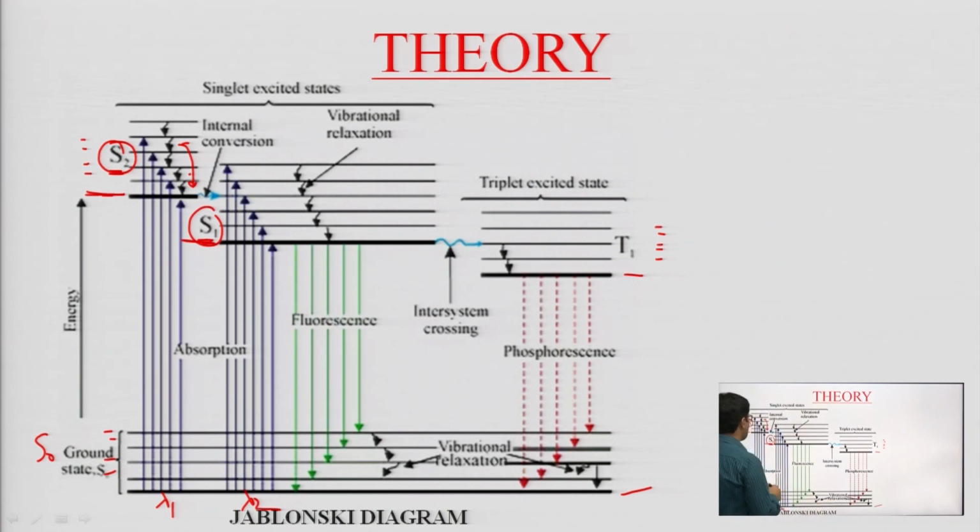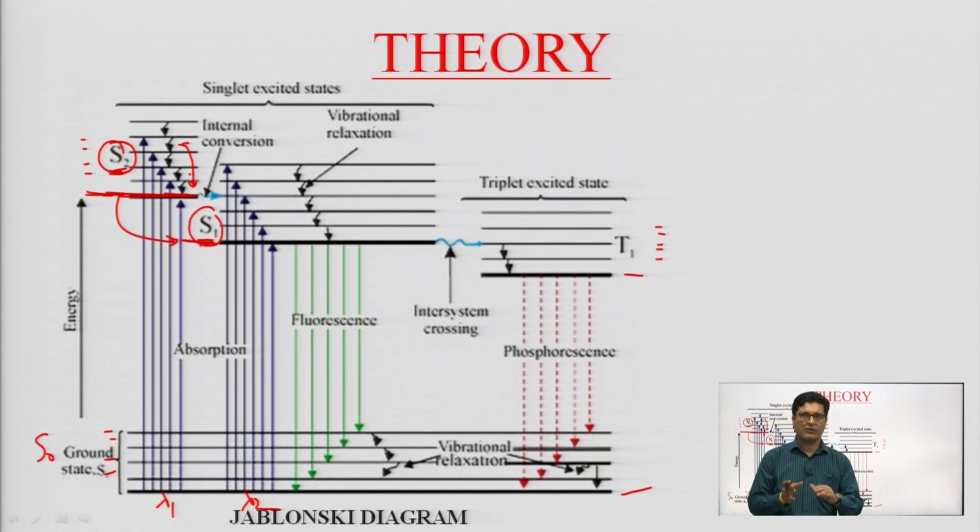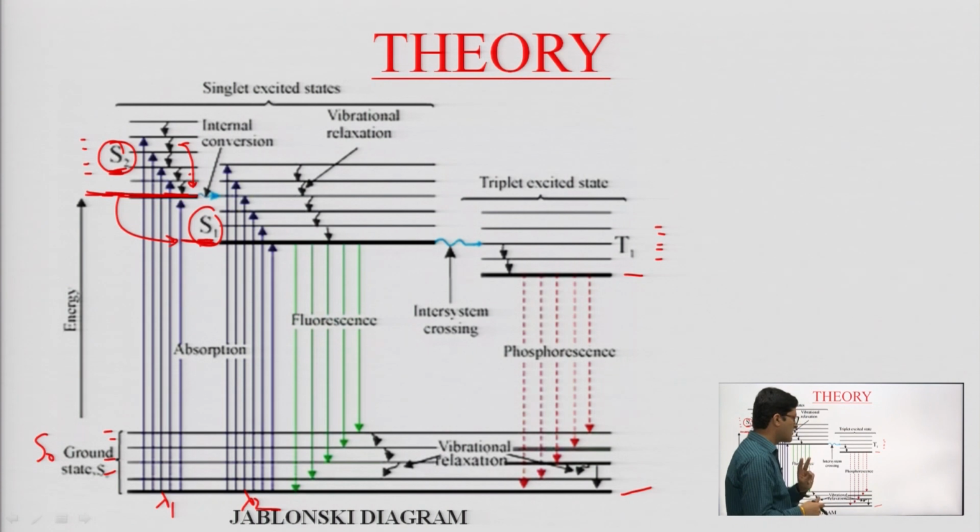After losing some energy, it comes to the lower electronic state. From this electronic state, it can jump to another singlet state, like from S2 to S1. Jumping from one singlet state to another singlet state is known as internal conversion. So, this is process number 2, internal conversion.